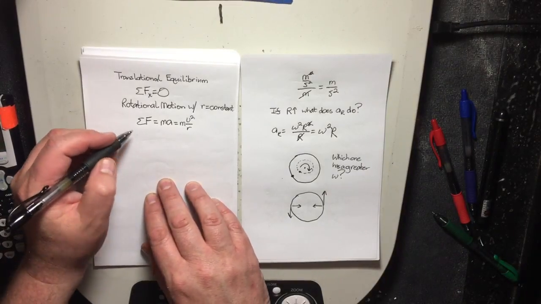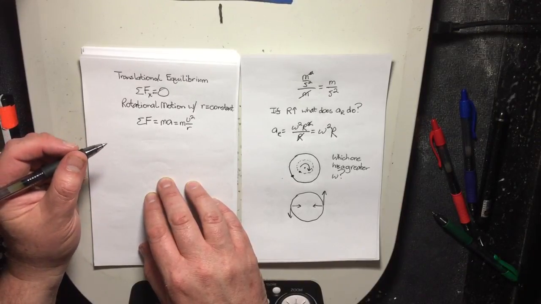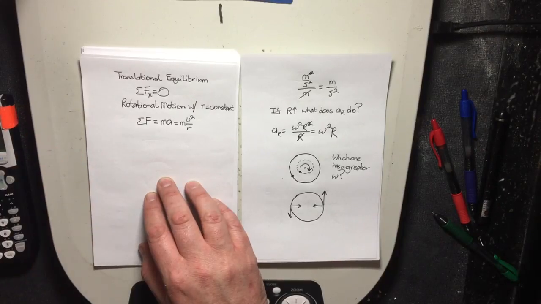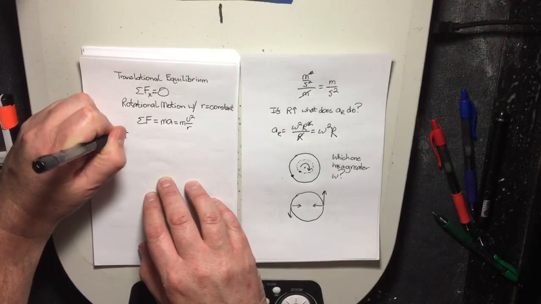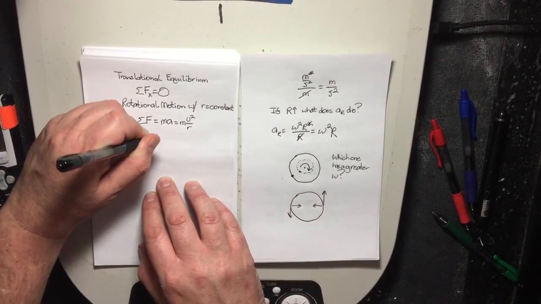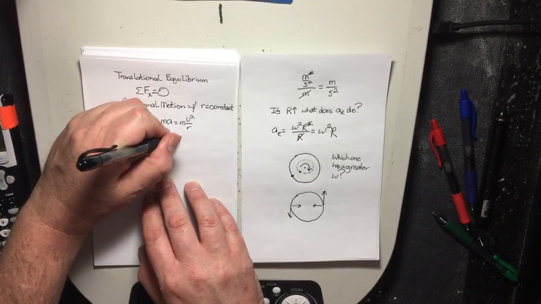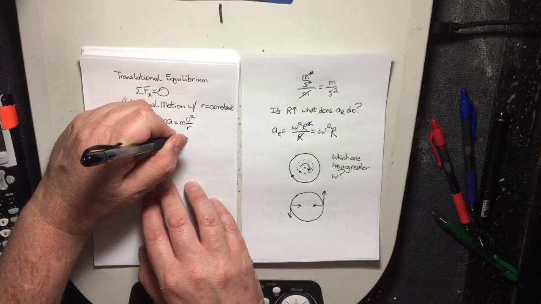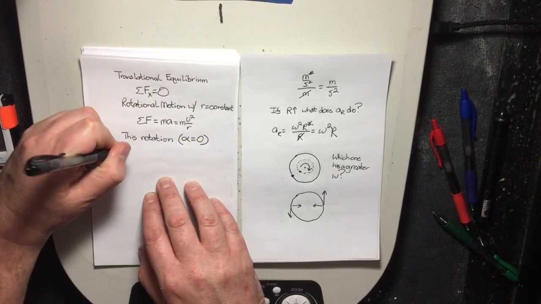In this, where do I need to go next? There are a few other identities that we need to talk about. This rotation, and when I'm talking about right now, I'm saying that alpha is equal to 0.